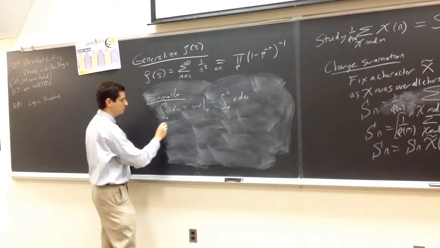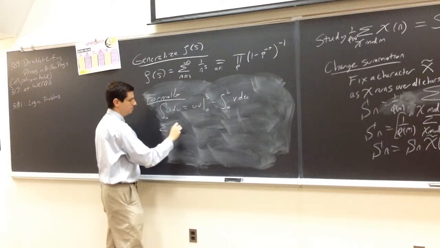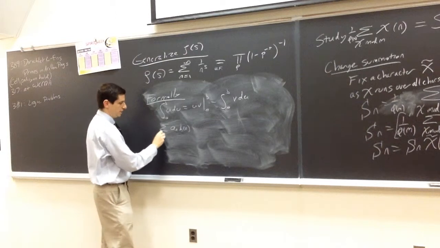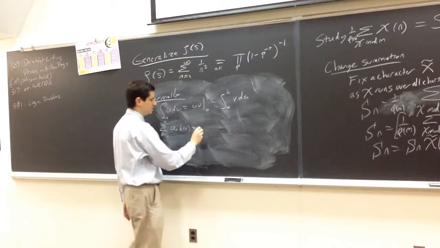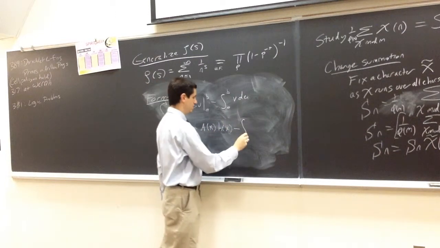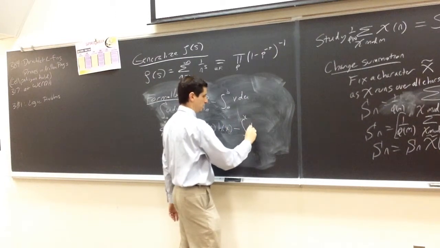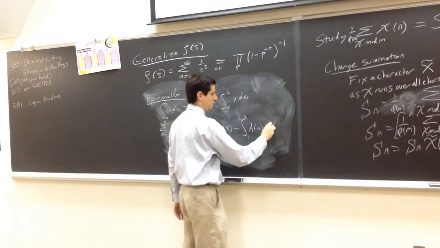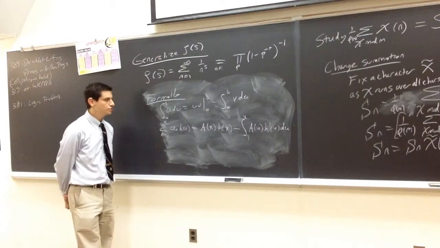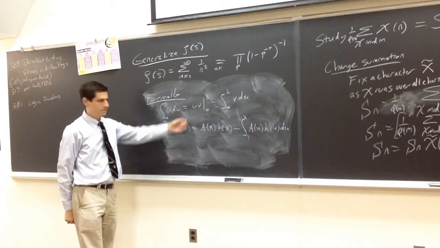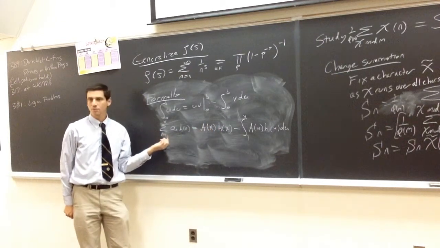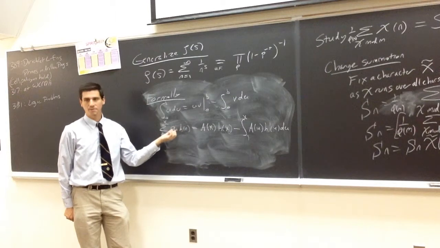What you get with partial summation is, if you have something like the sum of a_n h of n, where maybe h is a nice differentiable function and n goes from, say, 1 to x, this is like A of x times h of x, minus the integral from 1 to x of A of u times h prime of u du. So this is a discrete version of integration by parts. There may be a boundary term here when n equals 1. I'm not going to worry about it because I'll just assume maybe a_1 is 0.